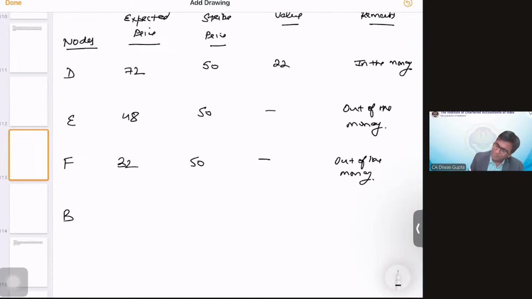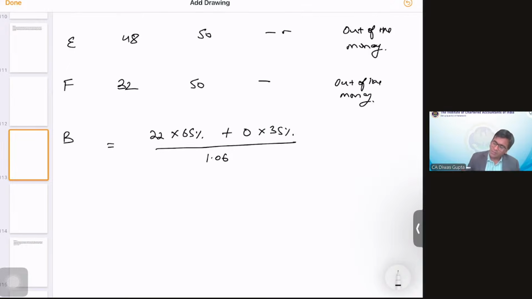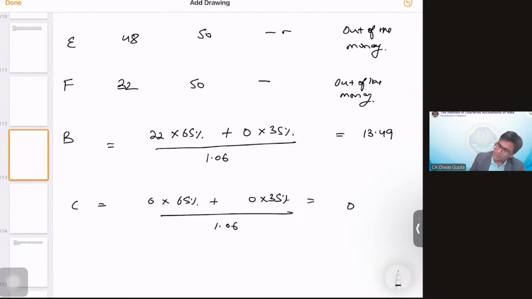So B will be 22, this one, into 65% probability plus 0, which is E node, into 35% probability, whole divided by 1.06, students, the present value. So the value at B node becomes 13.49, students. Similarly, C node: 0 into 65% plus 0 into 35% divided by 1.06, which is actually 0.